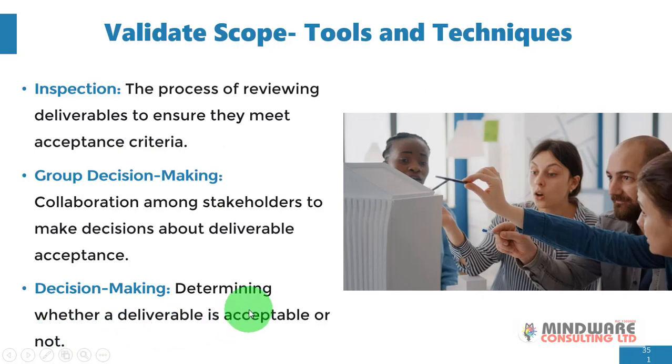And of course, if you've been thorough in your monitoring and controlling throughout the process, definitely the deliverable will be meeting the acceptance criteria. So these are the things that make up the tools and techniques. Let's take a look at the outputs now.